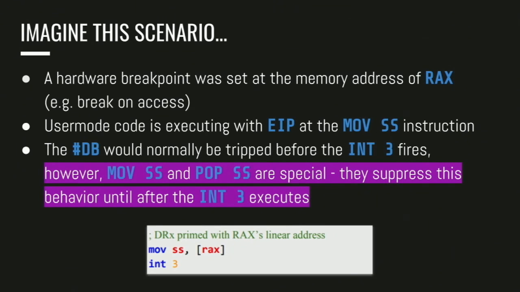If you've done some type of user mode Linux or Windows debugging, you can set, with the SetThreadContext function, a debug register on a linear address, so that the access fires an int1 after it accesses memory. Normally, after MoveSS accesses memory, if RAX was primed with debug registers, it would fire an int1 after it finishes its execution.